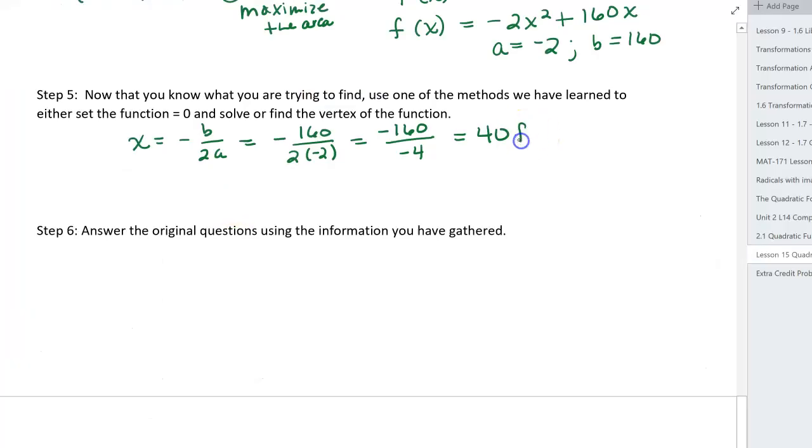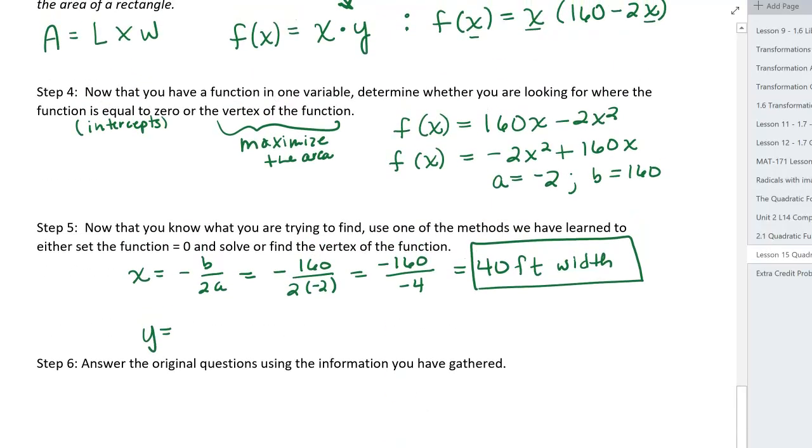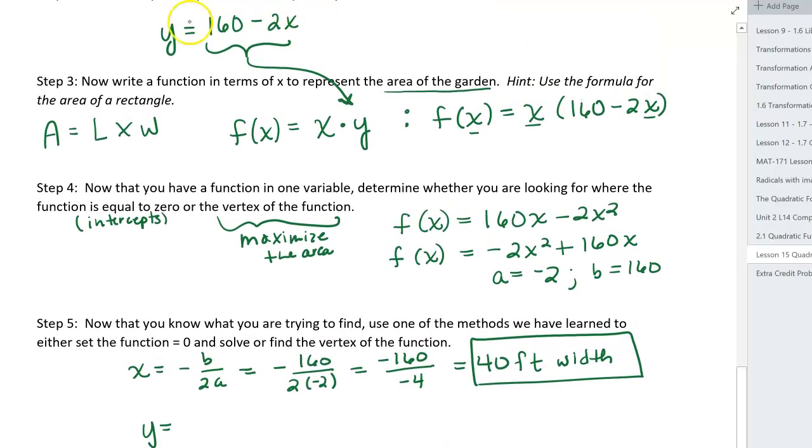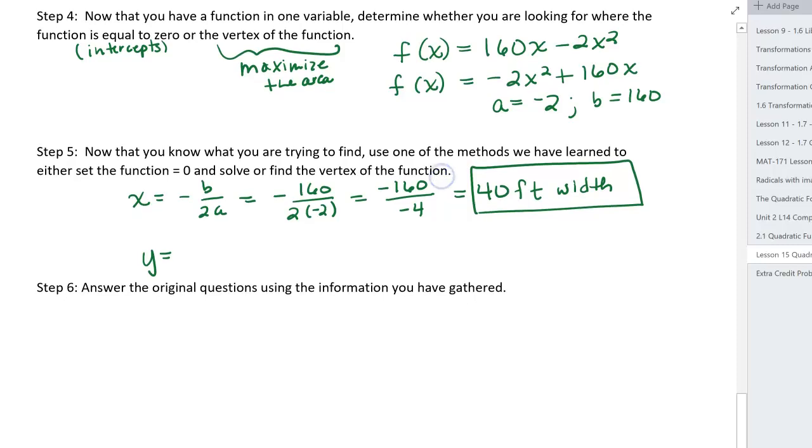So 40 feet is the width of this garden, and then the length is going to be, well, remember that y is equal to, we go back up here, 160 minus 2x, which is equal to 160 minus 2 times 40, which would be 160 minus 80, or 80 feet.